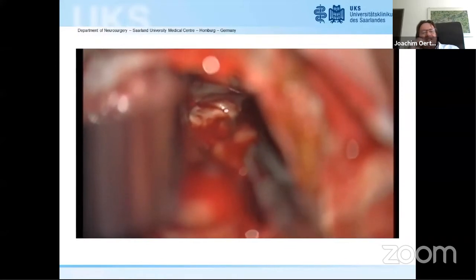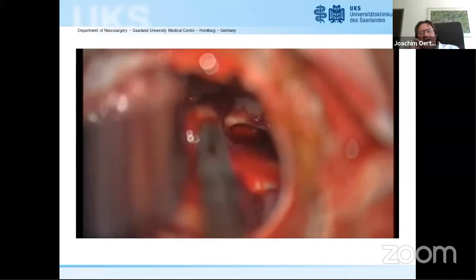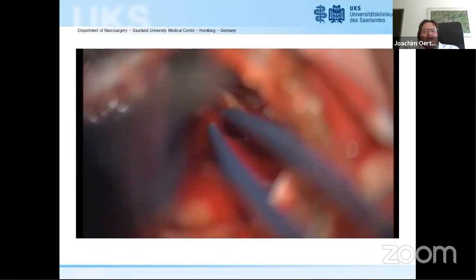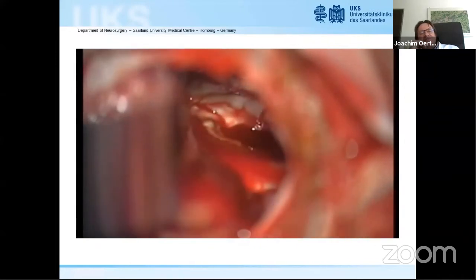Of course, in these cases, when you have not good access, I don't try to really take it out completely, that you don't have to come back and look for remnants. And this was a good case, so we took it out completely.